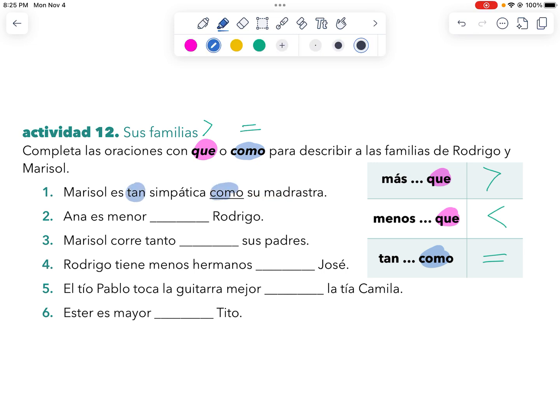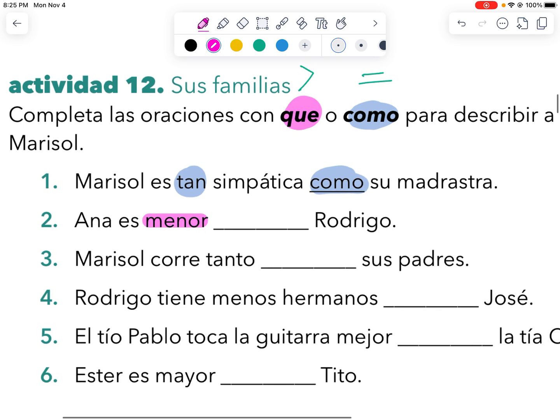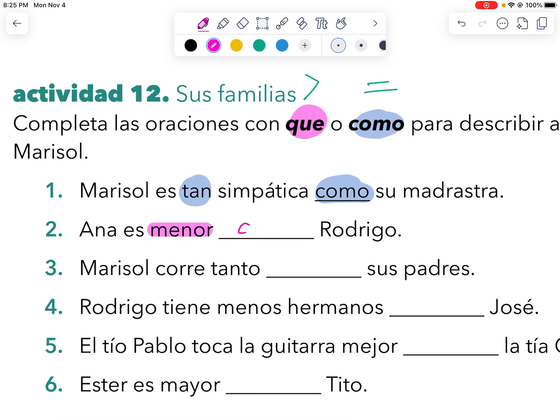So that gives us a como. Aquí. Ana es menor, no Rodrigo. Well, menor, that's younger. So that's going to be an inequality. Ana es menor que Rodrigo.